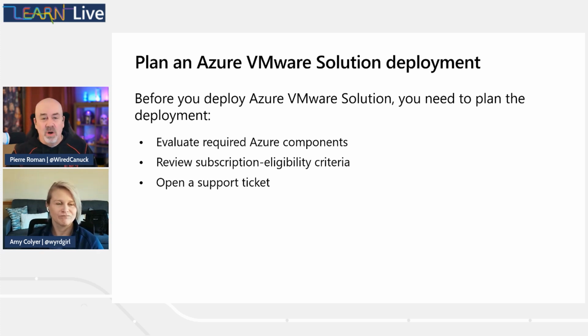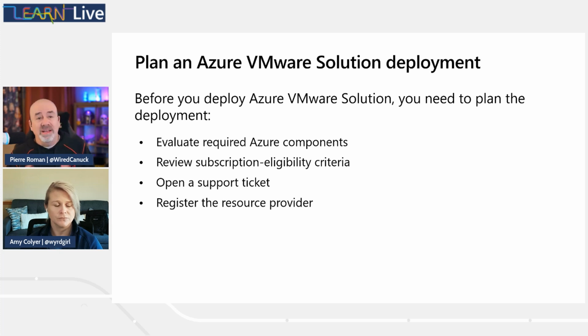The process for that support ticket is also based on your subscription eligibility criteria. If you have an enterprise agreement or a Microsoft customer agreement, or your subscription is under CSP, Cloud Solution Provider, the process to create that support ticket might be a little different. But in any case, you have to open the support ticket and request a quota increase. And that could take a couple of days.